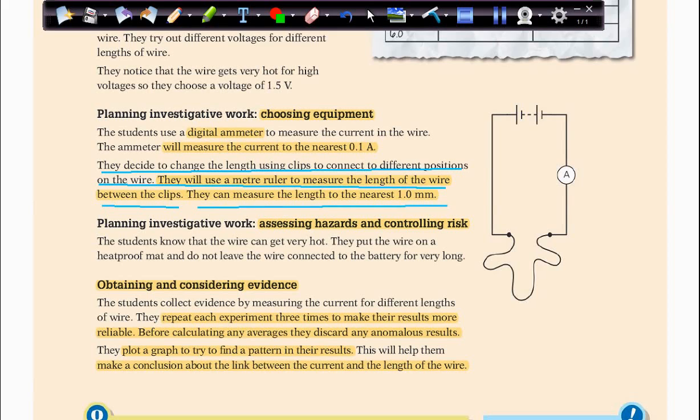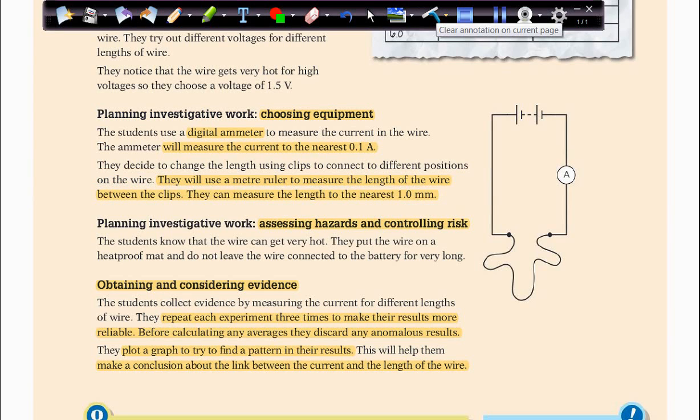In our investigations or our projects, we need to assess hazards. This is very important, and we talked about this many times during our lessons. It's important to assess your hazard to control the risk. The students here know that the wire can get very hot.